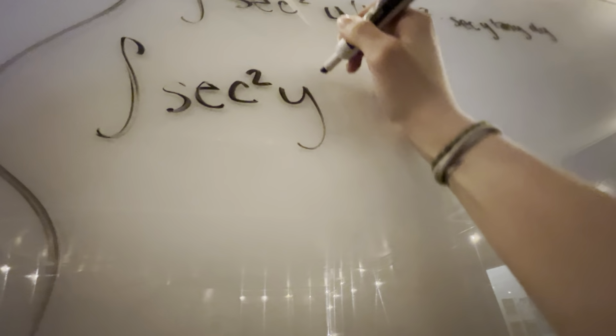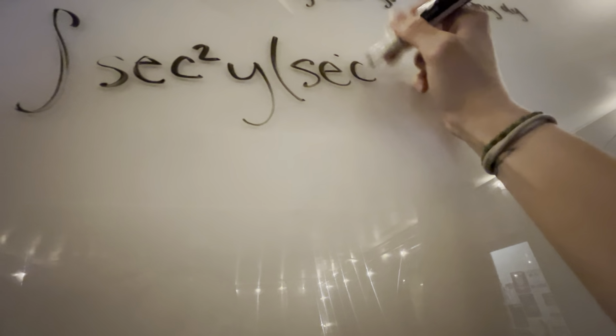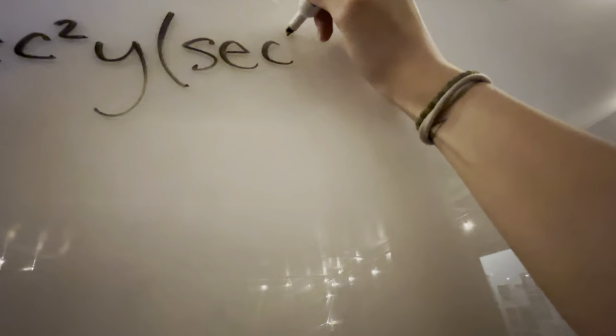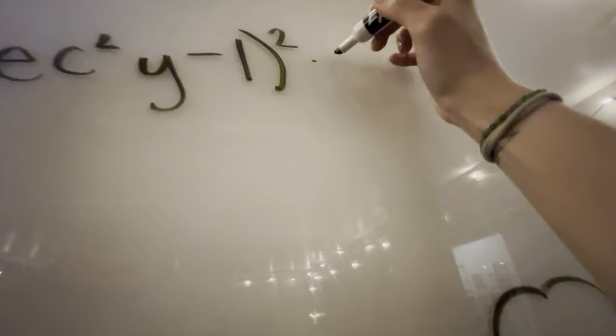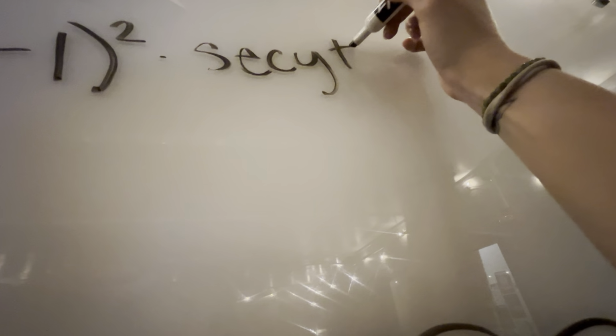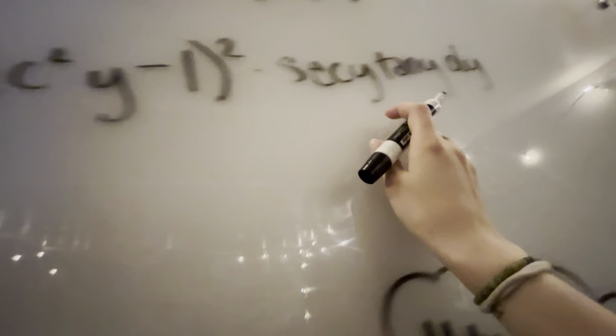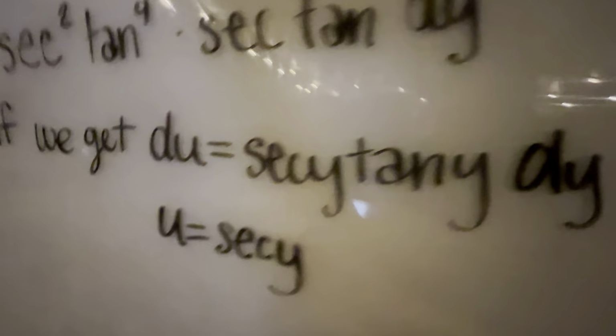So we can do secant squared y times secant squared y minus 1 squared times secant y tangent y. Now we can use our u and du.